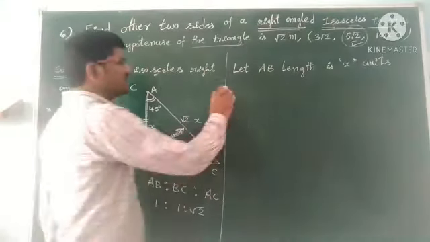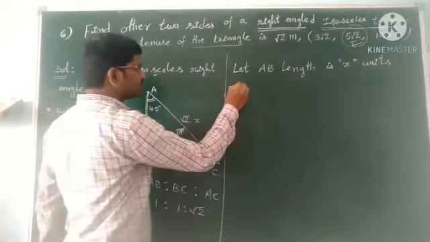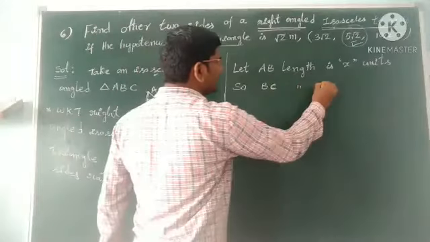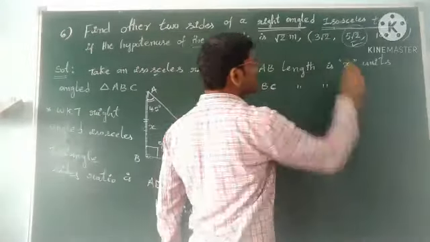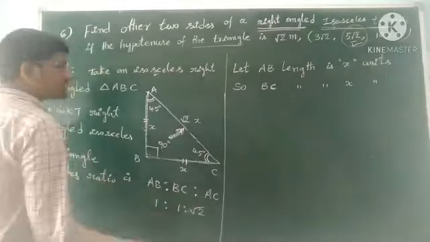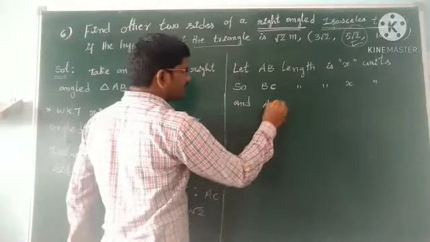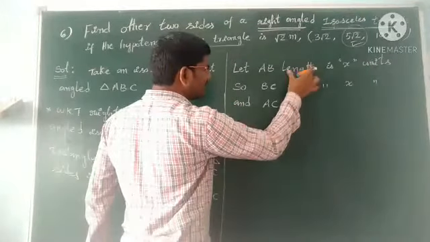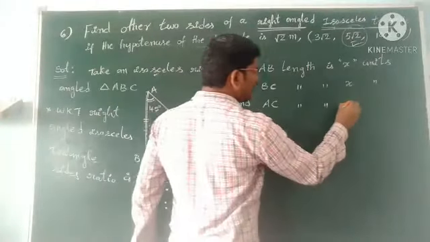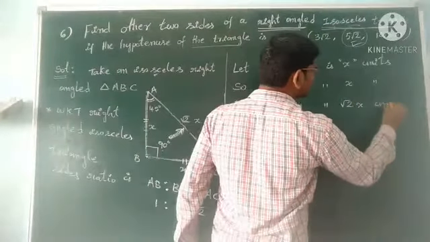BC length is also x units, and the AC length is root 2 into x units.